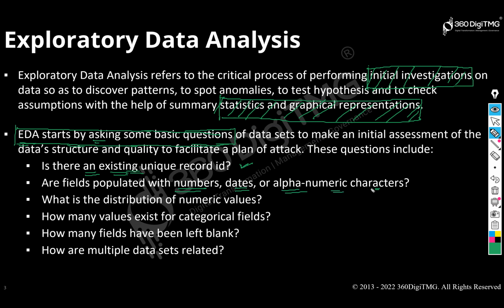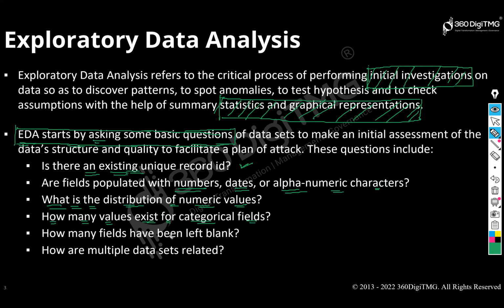So we have to check the data type of it. What is the distribution of numeric values? How many values exist for categorical fields?